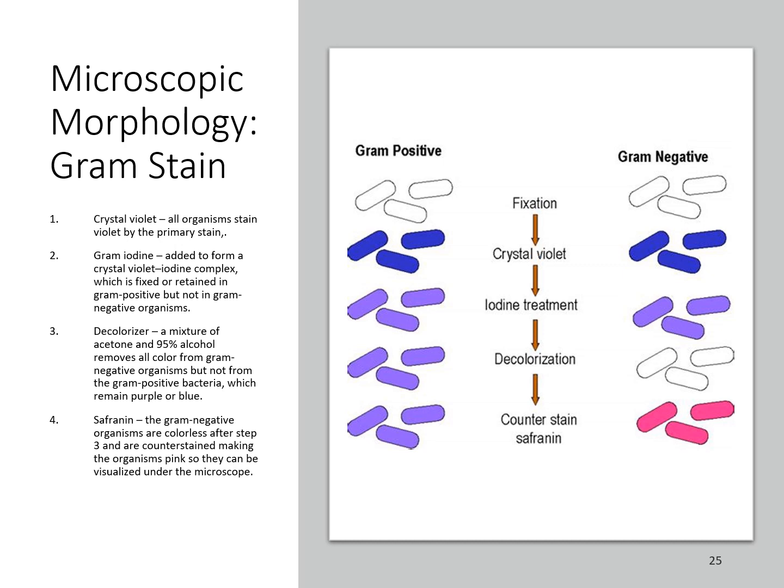After you've used the decolorizer, you rinse that off, and then you add the safranin. With the safranin, the gram-negative organisms will absorb it into the cell wall, and this will make the gram-negative appear pink, whereas the gram-positive will be purple.